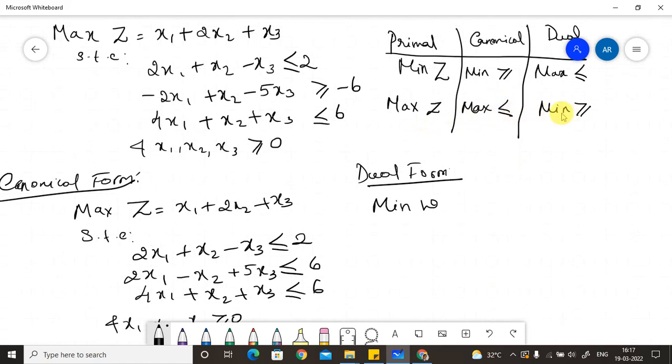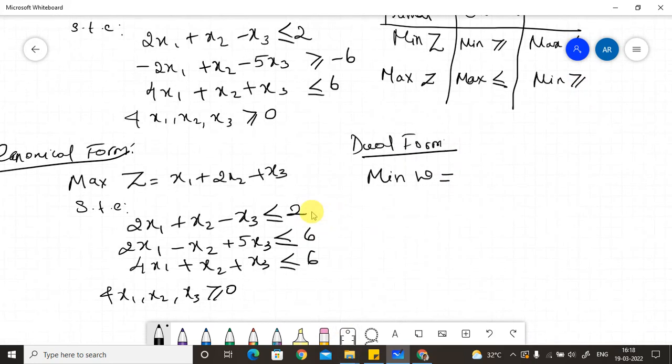Now I'm going to convert it to minimization, but the symbol should always be greater than or equal to. So I write min w equals, where w is a new variable. Here every constraint's RHS value will be considered as the number of variables.